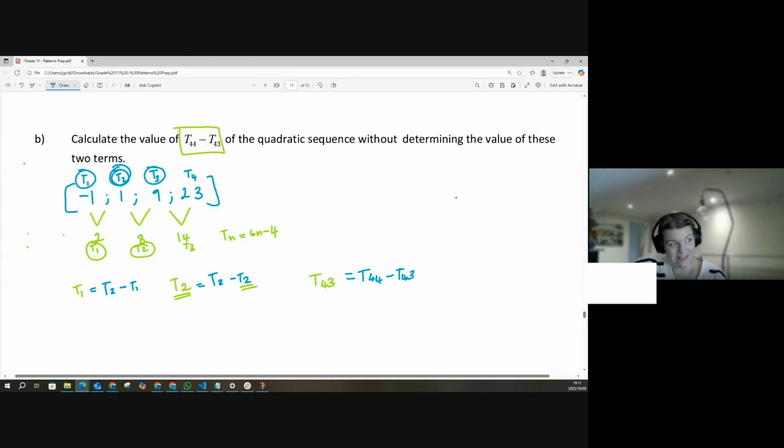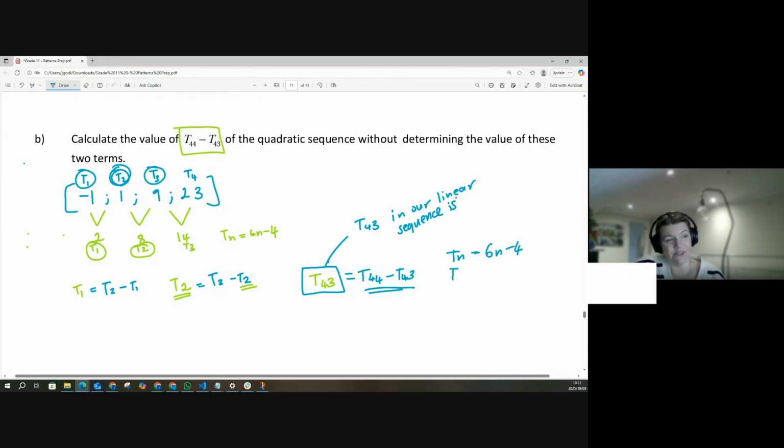So that means that if we can figure out what term 43 in our linear sequence is, then we can figure out what the difference is between these two terms. We know that the linear sequence is 6n minus 4.